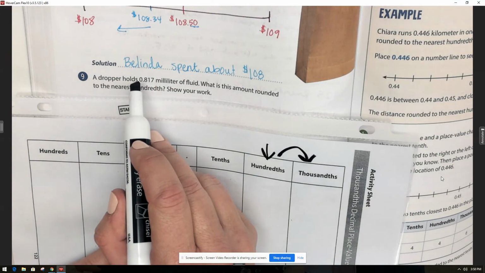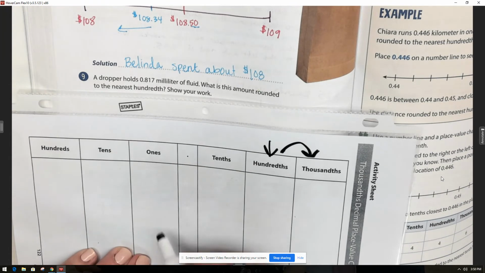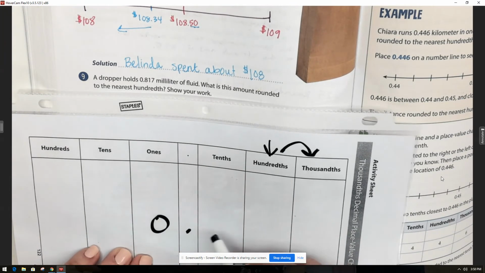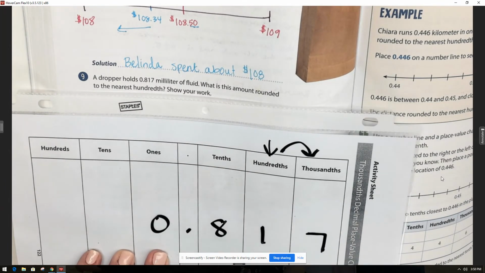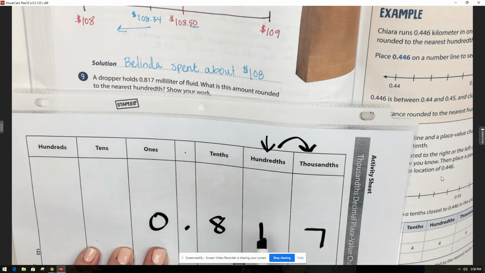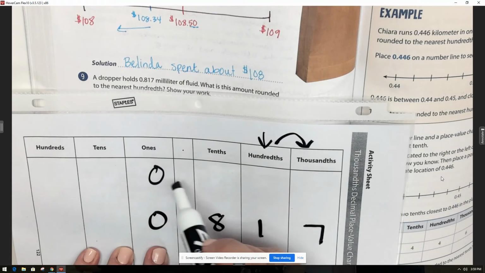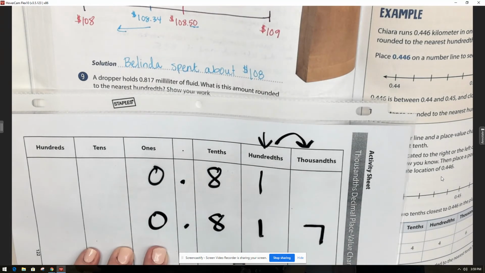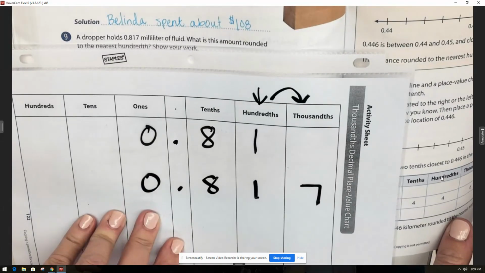So if we look at our original decimal, I'm going to write our original decimal in the middle. So we're going to write 817 thousandths. And then we're rounding to the nearest hundredth. So if we look here, this is a 1. And so we know that because there are some thousandths, 81 hundredths is the lower hundredths if we're rounding.